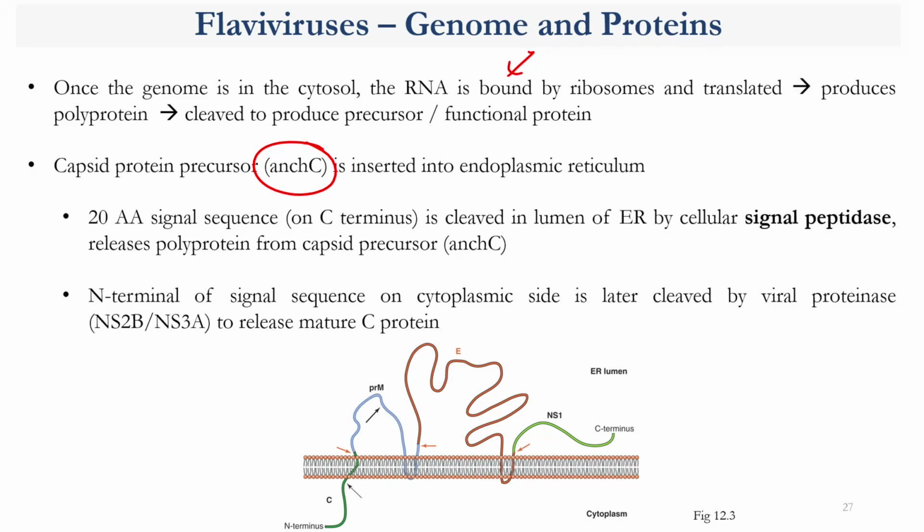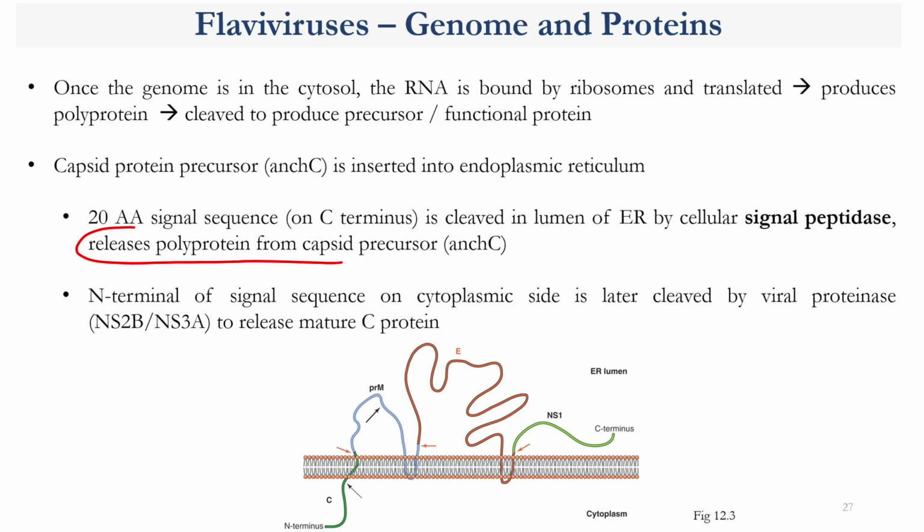There is a 20 amino acid signal on the C terminals of this protein, and that gets cleaved by the ER resident protease or signal peptidase, which cleaves that signal, okay? And this basically releases the polyprotein from capsid precursor protein.